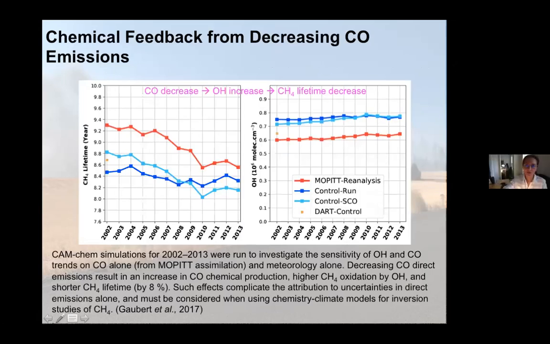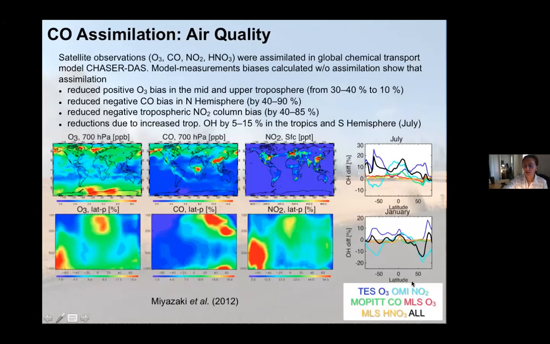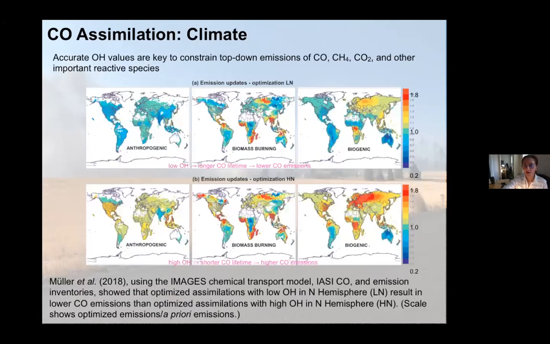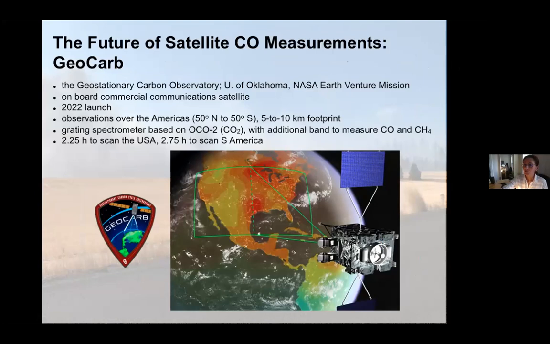These are some examples of CO satellite measurements used in assimilation cases for air quality, for climate. The future is geostationary satellite called GeoCarb.